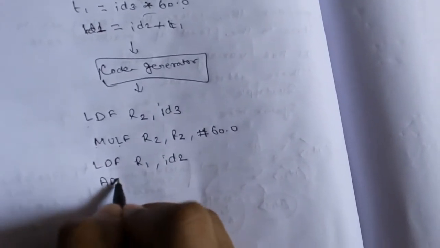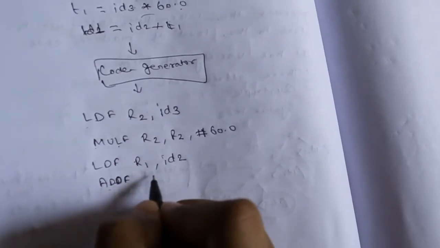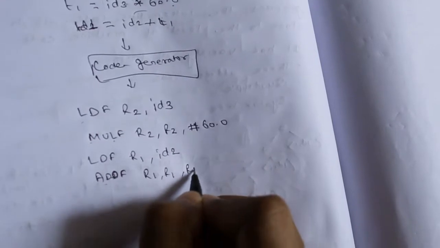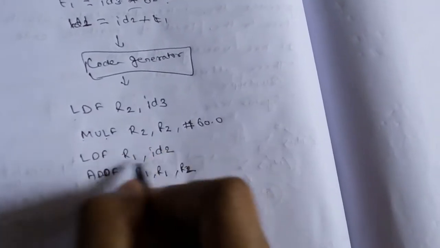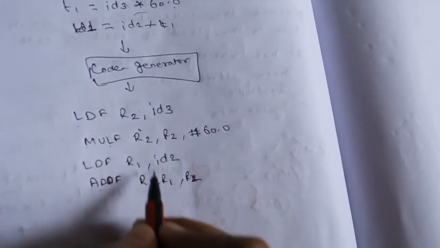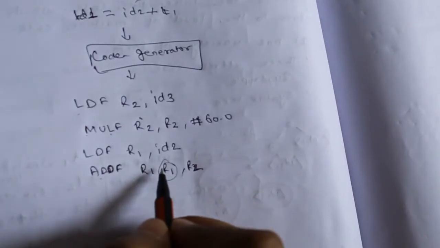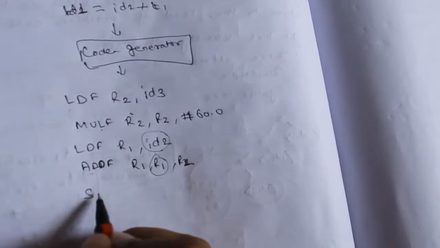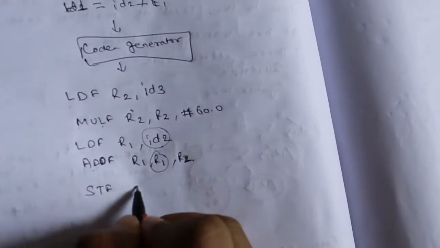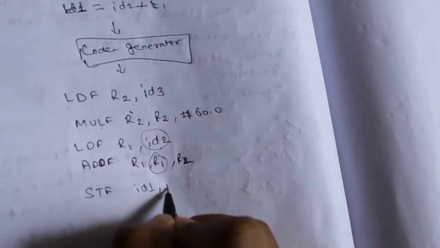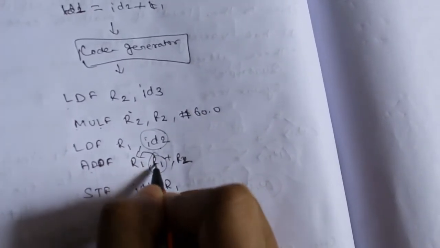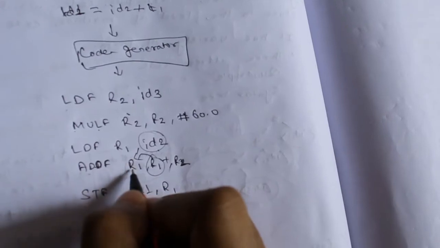So after that we have to add R1 comma R2, meaning whatever the result is stored in the R2 will be added to the R1. In R1 id2 is there, so adding both R2 and R1, the result will be stored into the R1.